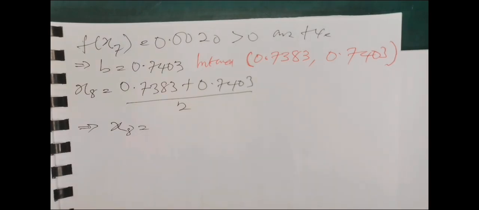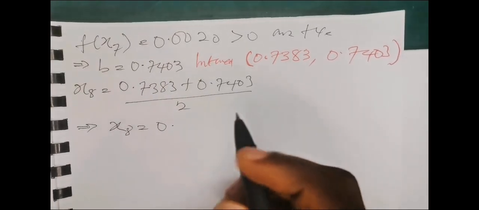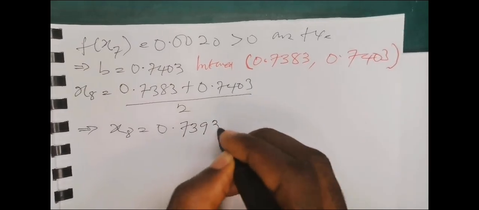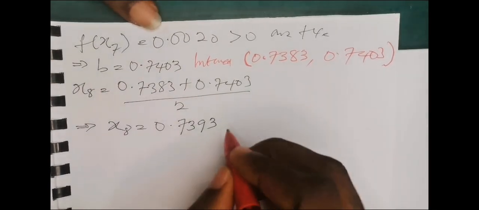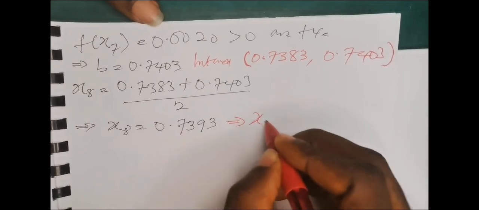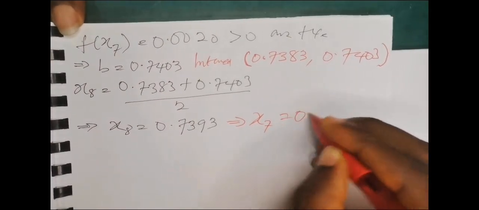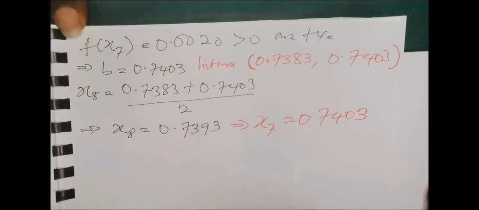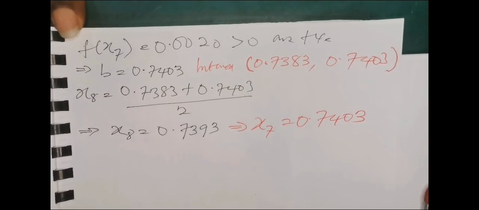We simply have 0.7393. So let's compare this with the previous result, s7, which was 0.7403. Once again, it hasn't converged, so we still continue to iterate until it converges to 2 decimal places.